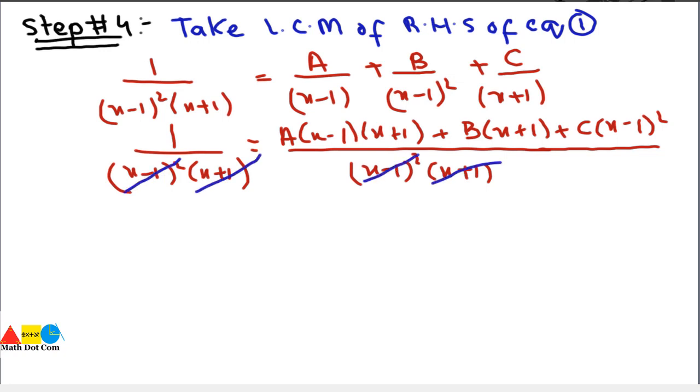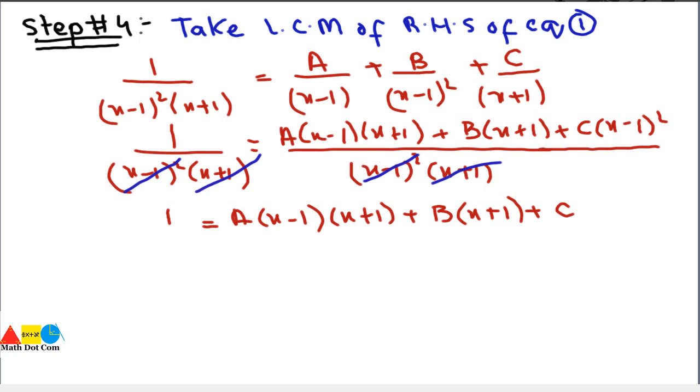And now the expression will be written as 1 is equal to a into (x minus 1)(x plus 1) plus b into (x plus 1) plus c into (x minus 1) whole square. And this is equation number 2.